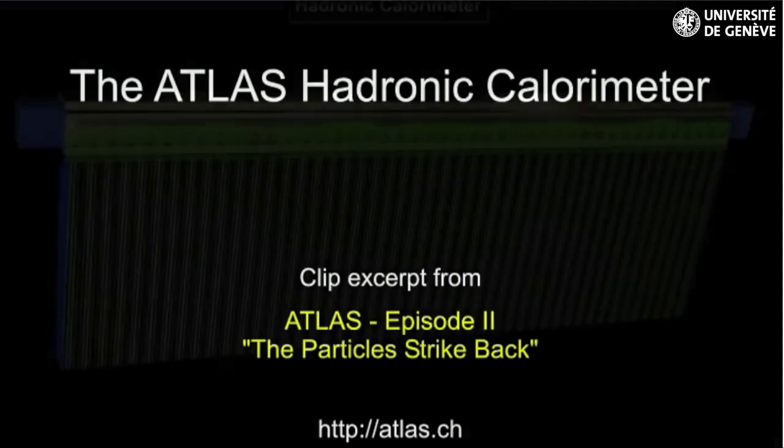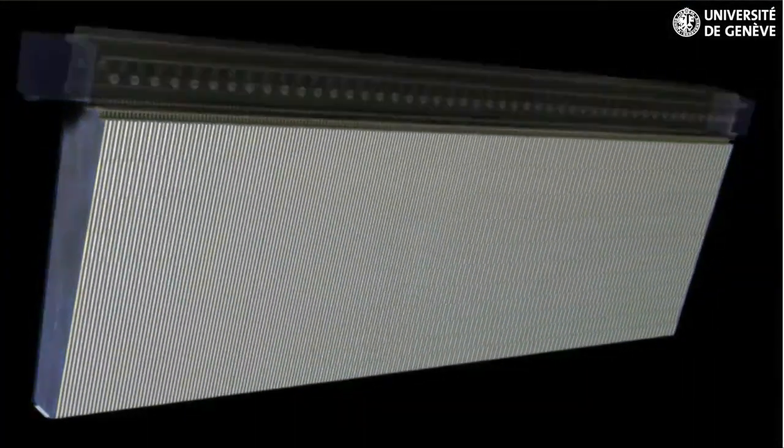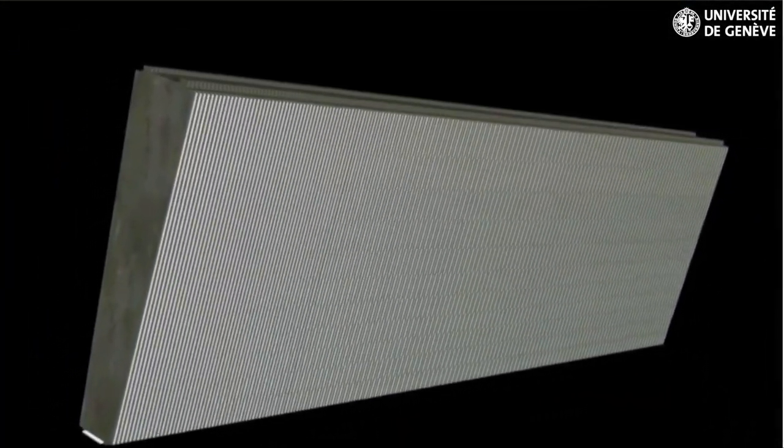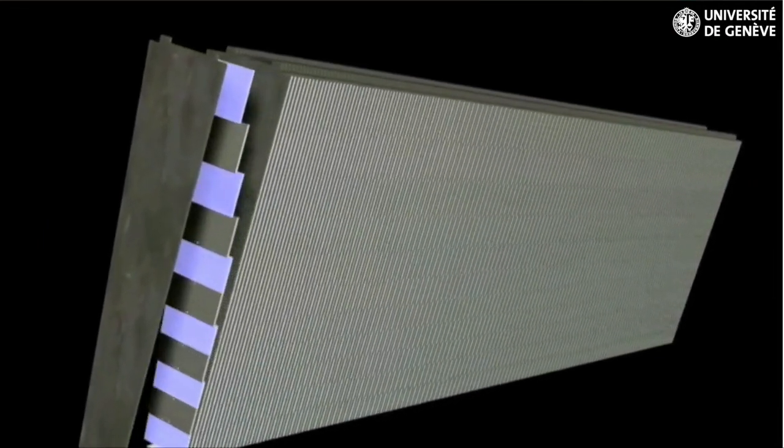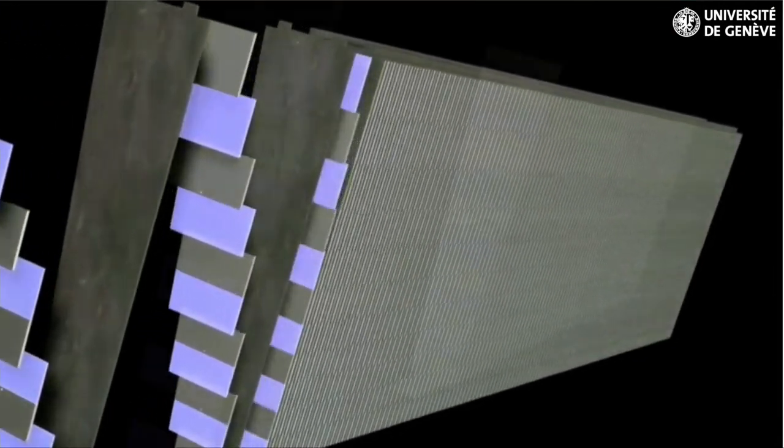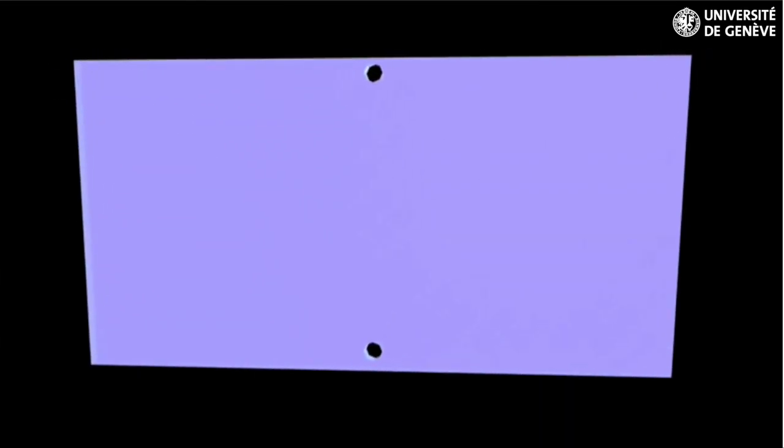Calorimeters are also one of the main applications of plastic scintillator. The large calorimeter for hadronic showers of the ATLAS experiment is an example. Here you see a small animation showing the structure of one of its wedge-shaped slices. It uses scintillator tiles inserted between steel absorbers to measure the energy of hadrons.